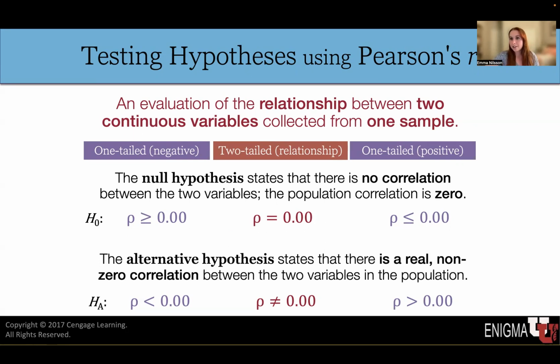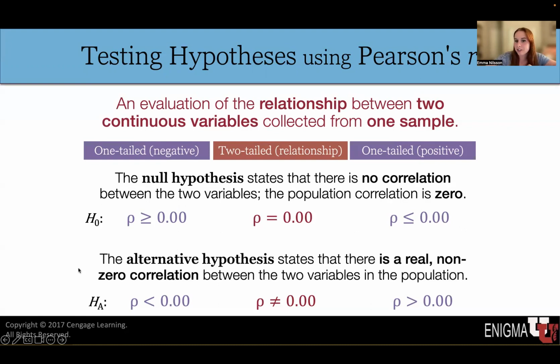Just like in the other hypothesis tests we've learned, you can have a two-tailed or a one-tailed hypothesis. In all of these cases, the null hypothesis states that there's no correlation between the variables. The population correlation is going to be 0. The population correlation is represented by the Greek letter rho. Whether it's one-tailed or two-tailed, this is how we represent it.